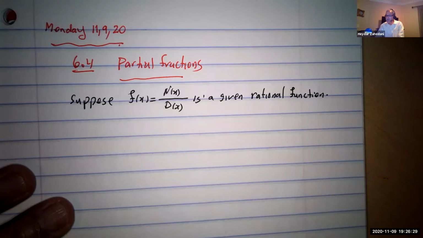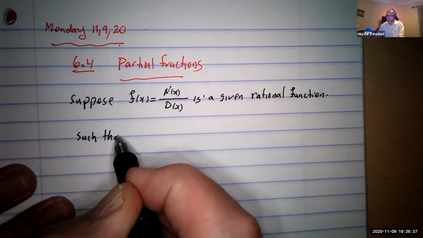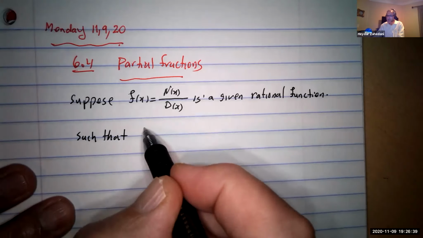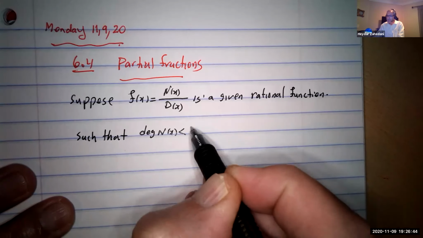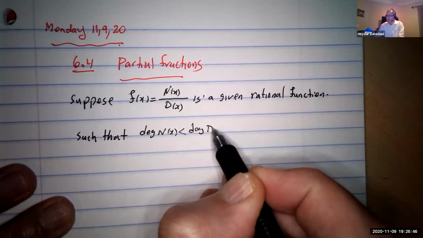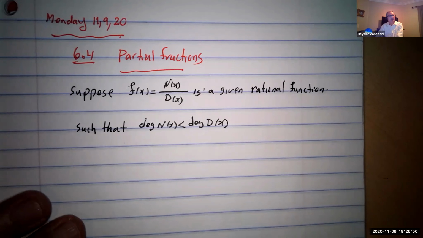So we suppose that f of x is n of x over d of x, a given rational function such that the degree of the top is less than the degree of the bottom one. Otherwise, we can use long division to divide it.